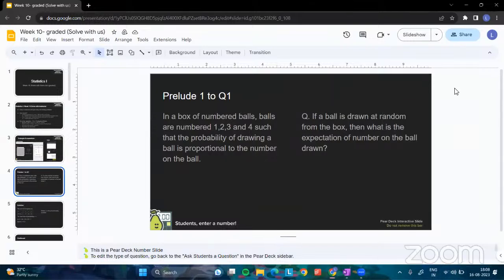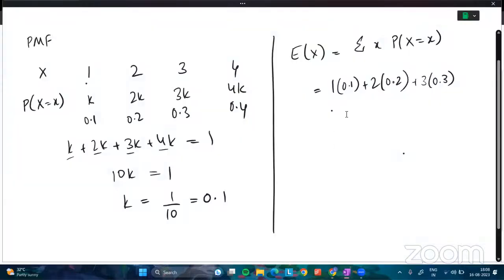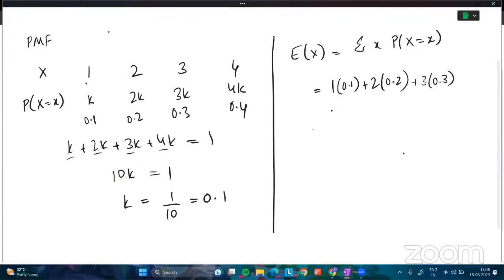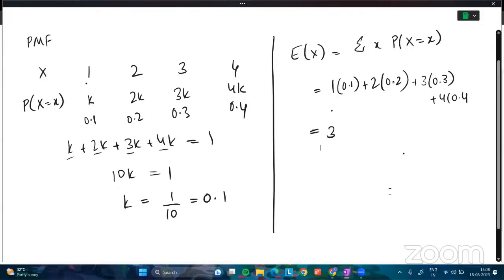Okay, where you are writing, the black pen. Yeah, it's okay. Ma'am, can you please explain from starting? Because the slides are not there.